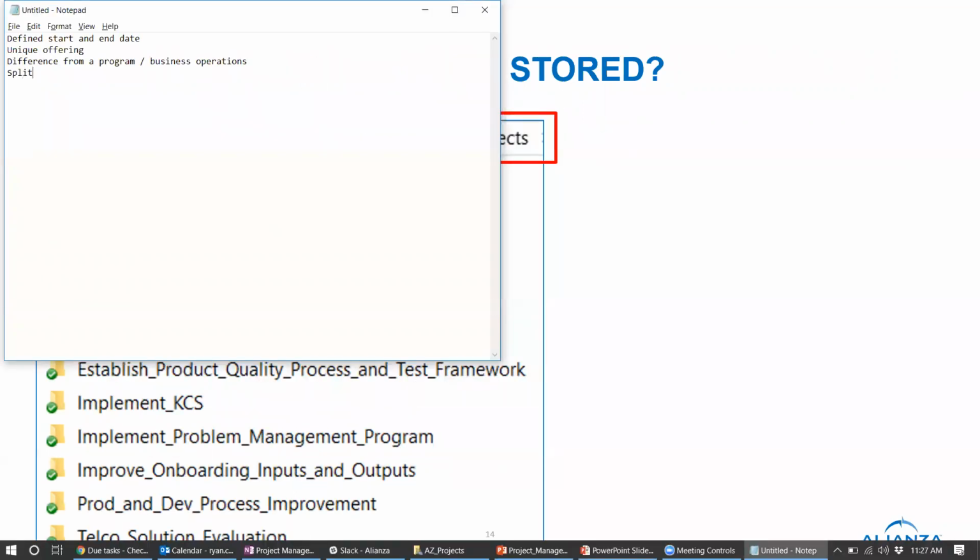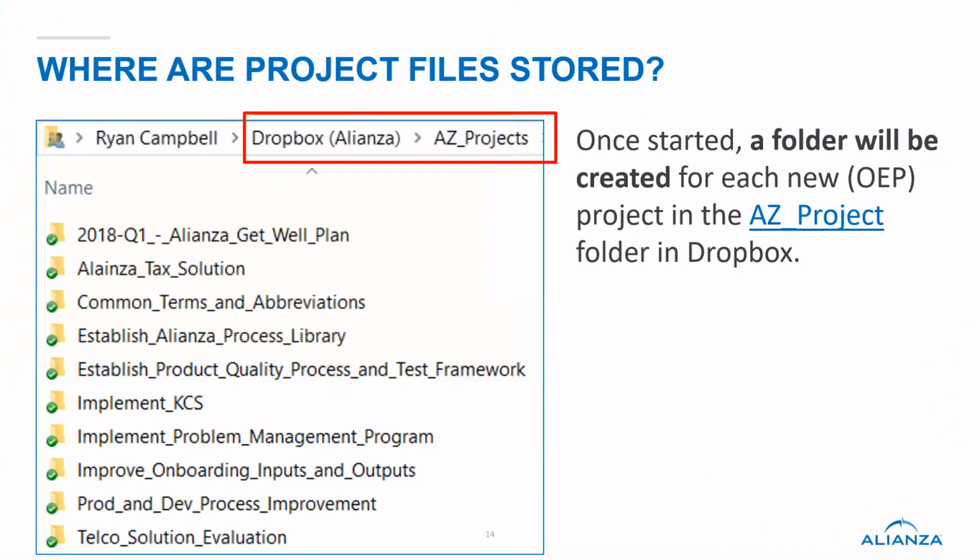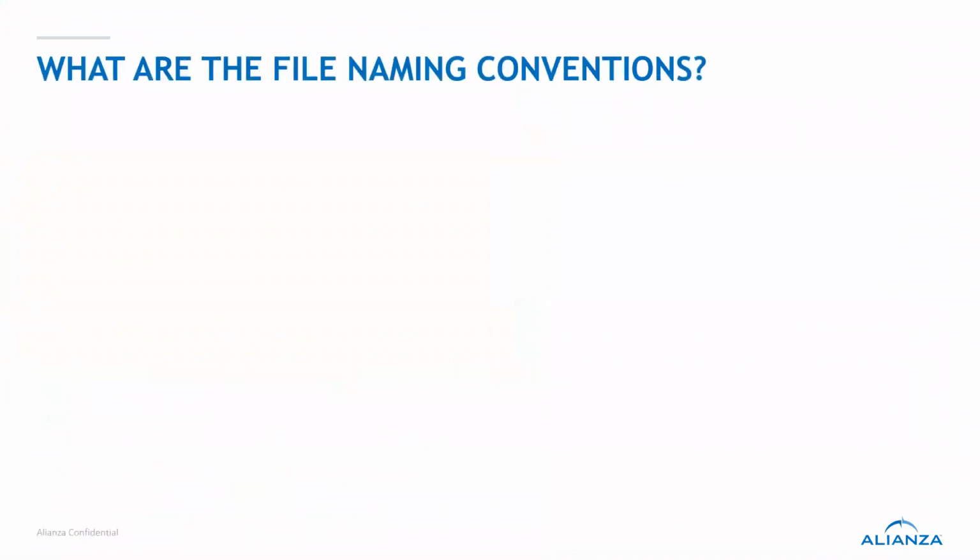Split between business operations, product, onboarding. Okay. Once started, a folder will be created with each new operational efficiency project or program project. That's the stuff in the business operations world in that AZ projects folder. And that's it.